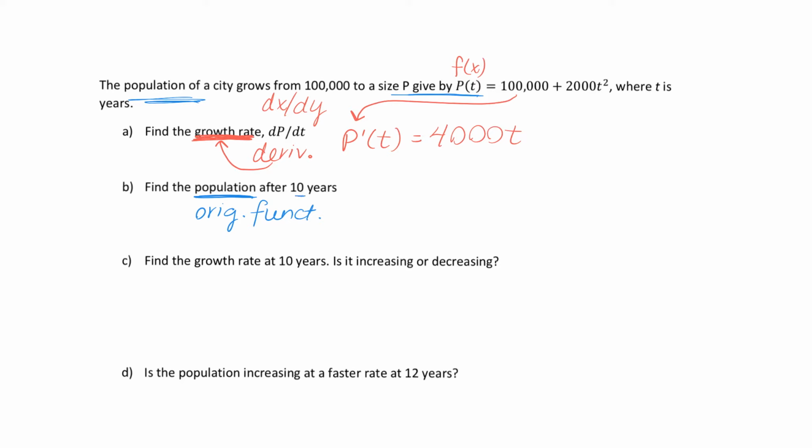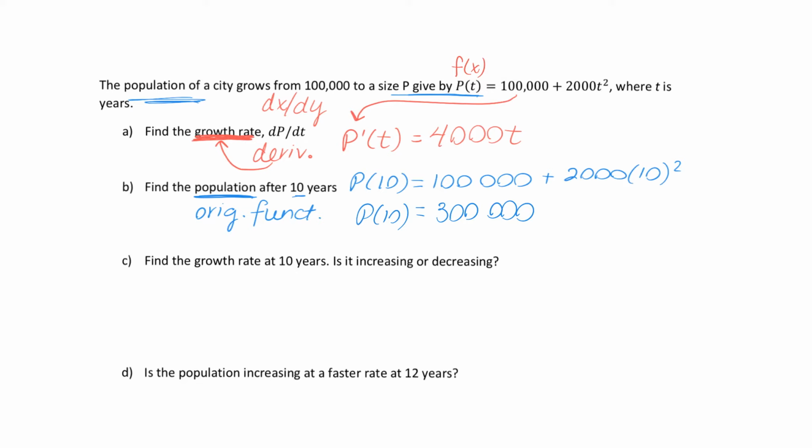So after 10 years, we're going to find P of 10. So we're just going to plug 10 into this and see what we get. So if we plug all that in, what's our answer? So we get 300,000. So our population after 10 years is 300,000.